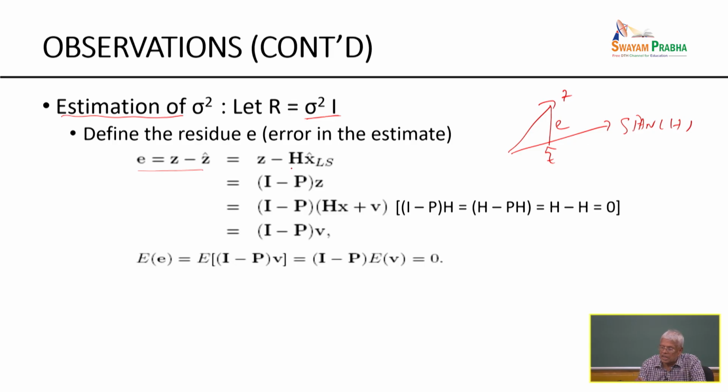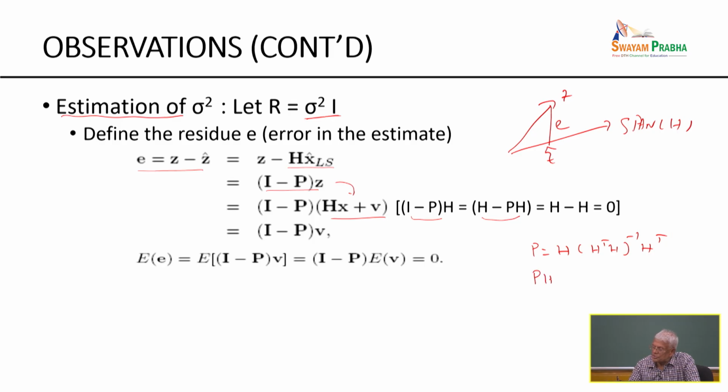So z minus h of x LS hat is I minus P times z. Z is equal to h of x plus v. So I minus P times h of x plus I minus P times v. But I want you to recognize one thing: I minus P times h is equal to h minus Ph. And what is P? P is equal to h, h transpose h inverse, h transpose.